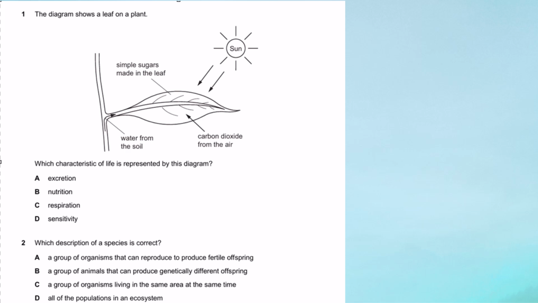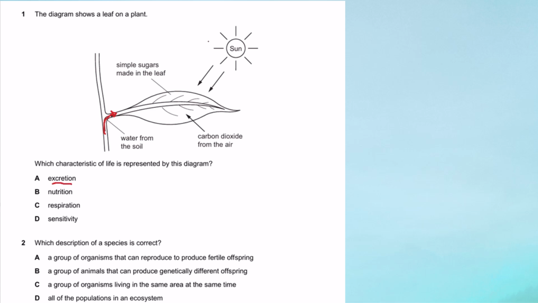As quite often in Cambridge, what I like to do is to first look at which one it can't be. We have water coming in from the soil, so it's not excretion.